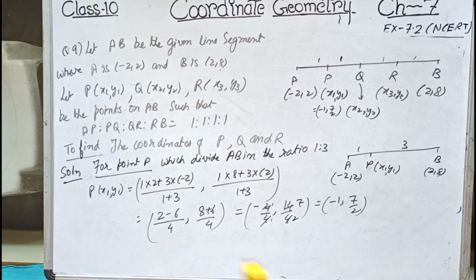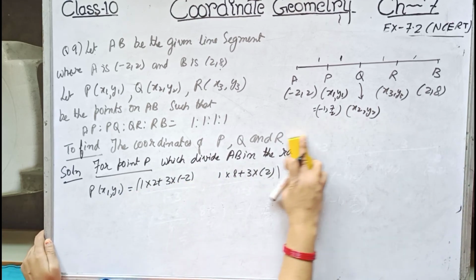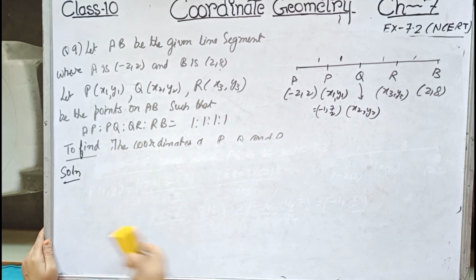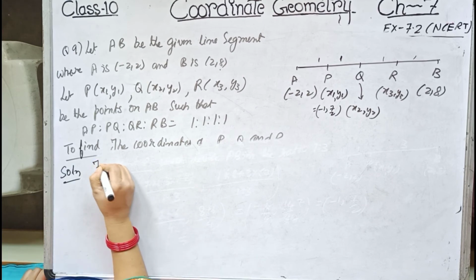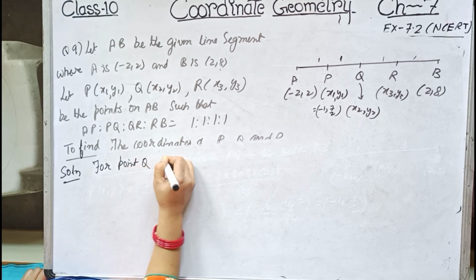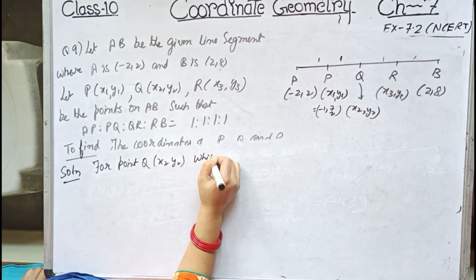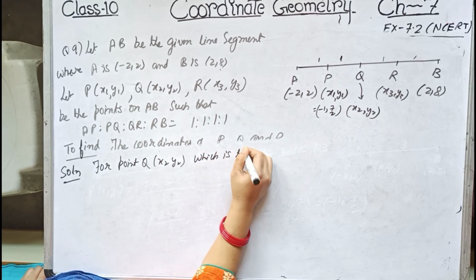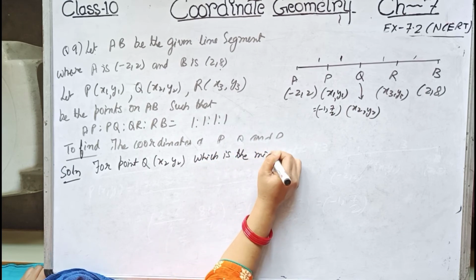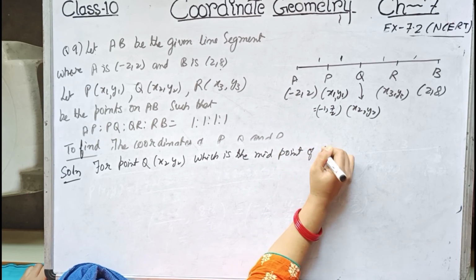Okay. Now for point Q (x2, y2), which is the midpoint of AB.